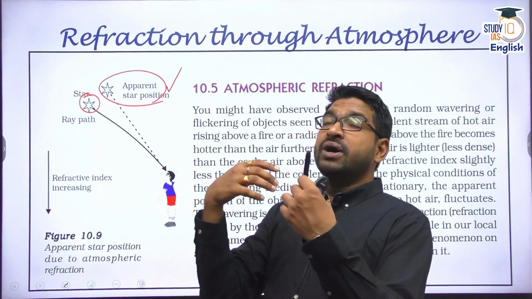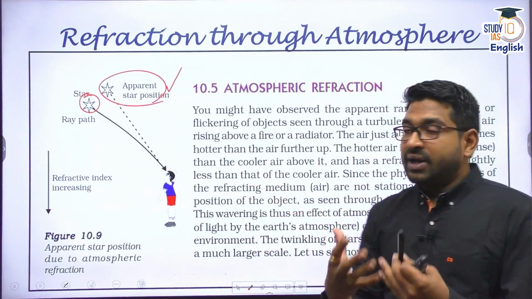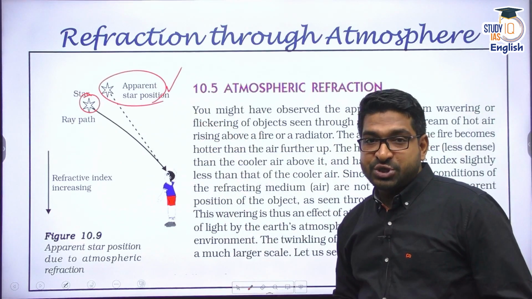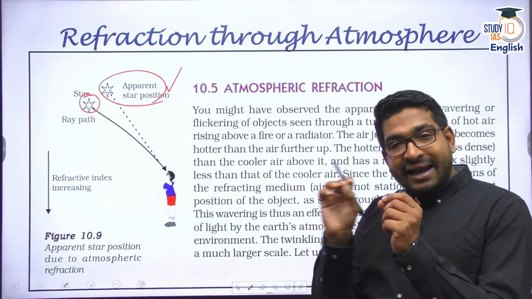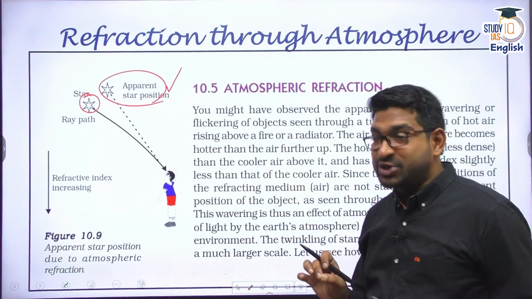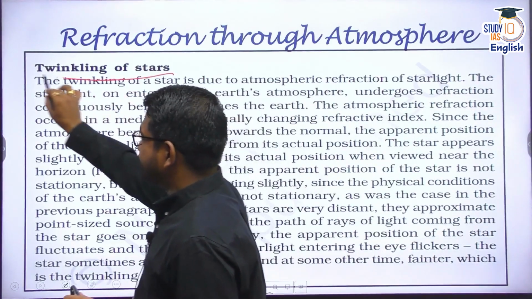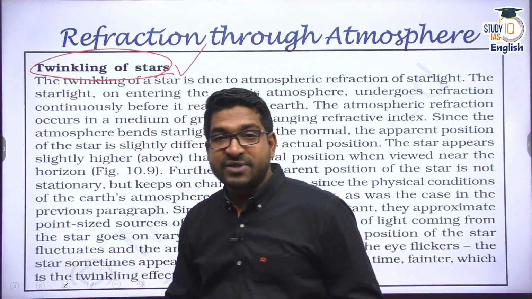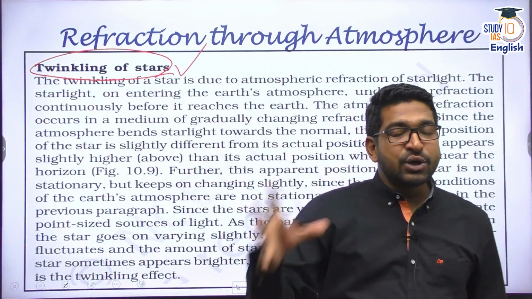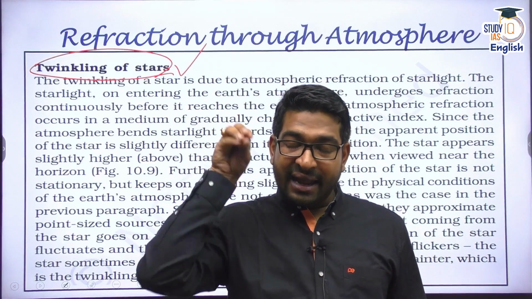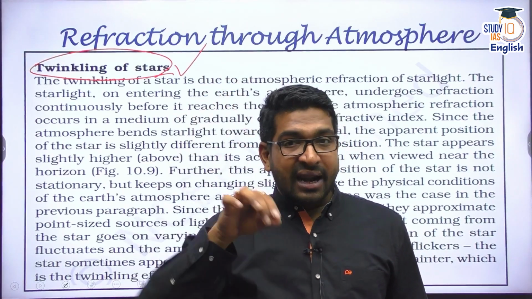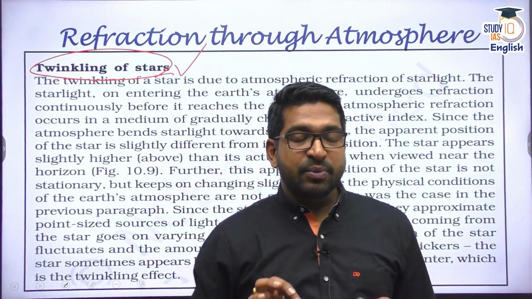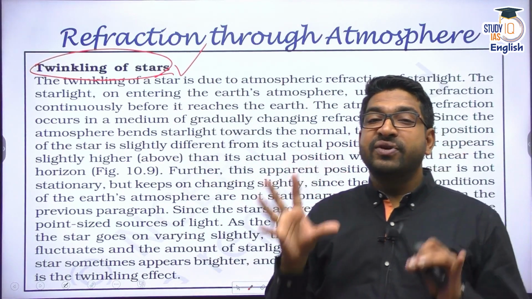By the time light enters our atmosphere, that light is refracted, and because of which I see twinkling of stars. Twinkling of stars is because of continuous refraction of that light from the star. I'm talking about starlight, not the sunlight. Starlight being refracted continuously in my atmosphere leads to the twinkling phenomenon.